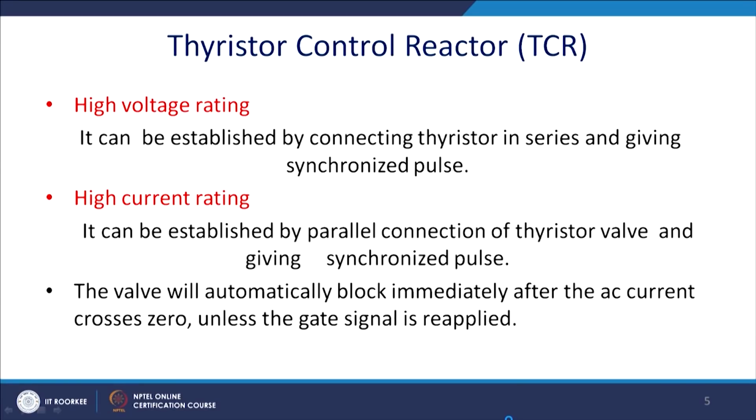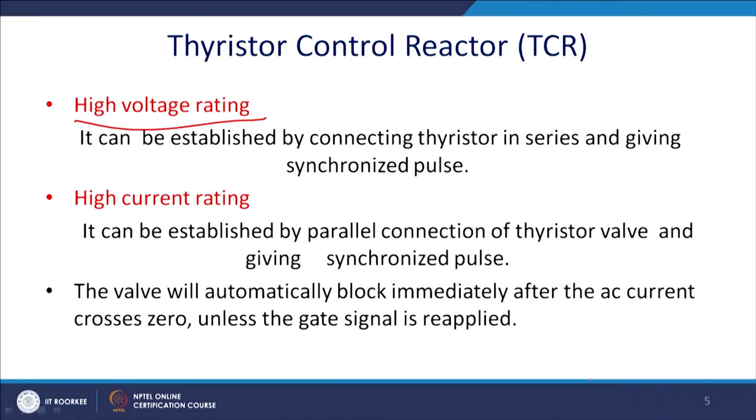Now, let us talk about the thyristor controlled reactor. What is its advantage? It has a very high voltage rating; since it is made of thyristors, it can block very high voltage. This is established by connecting thyristors in series and giving synchronized pulses, so that it can turn on and turn off for a very high voltage blocking capability.